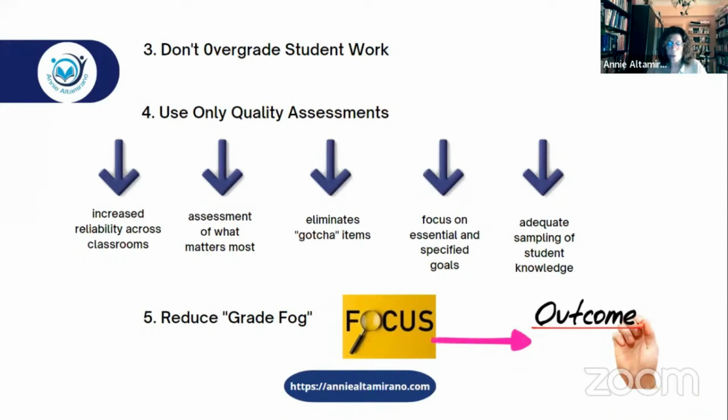For example, when we deduct points from an assessment because that piece of work is not neat, because it's late, because the student's name is left out, or when we add credit to a grade. So when a grade serves multiple masters, it serves none of them well. So make sure that your grades assess what they are meant to assess and nothing else.